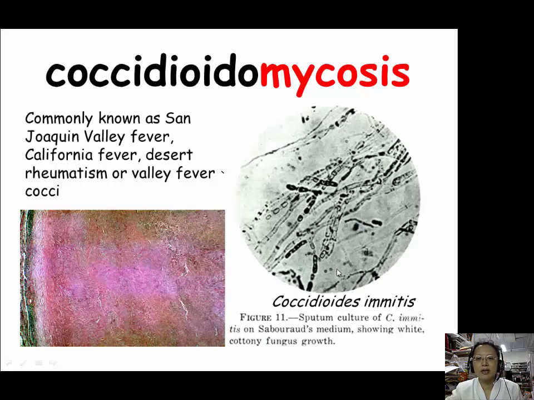It results from an infection of Coccidioides immitis. It is endemic in certain areas of Arizona, California, Nevada, New Mexico, Texas, Utah, and northern Mexico.